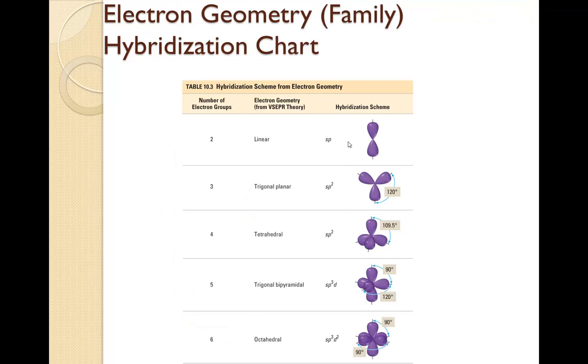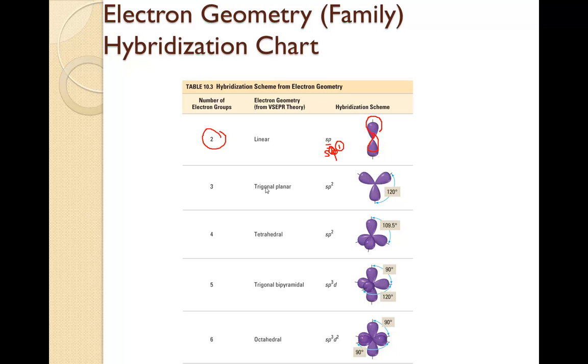So before I mentioned that the orbitals add up to the number of electron groups. If we see here, sp, we have s1, p1, one s orbital and one p orbital. We have a total of 2 electron groups.